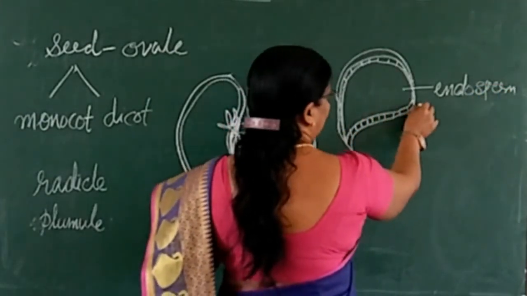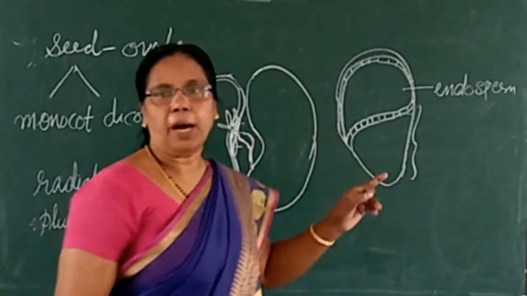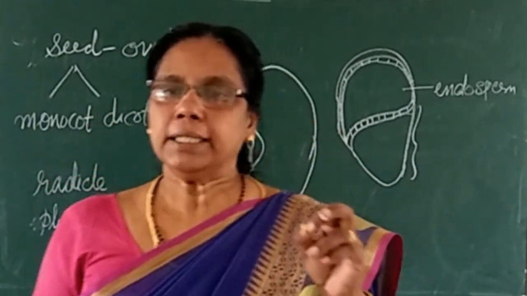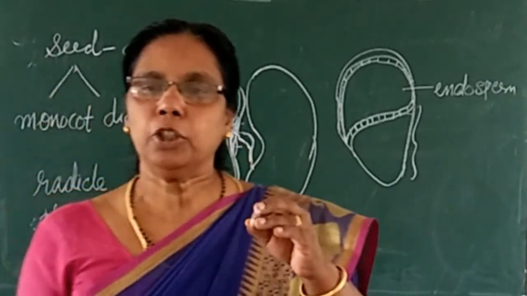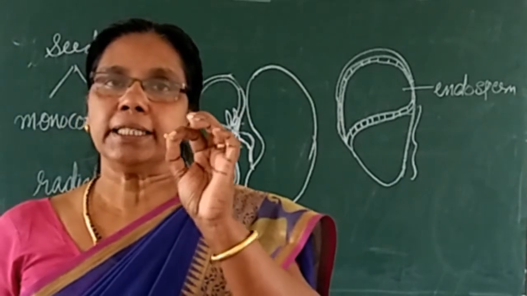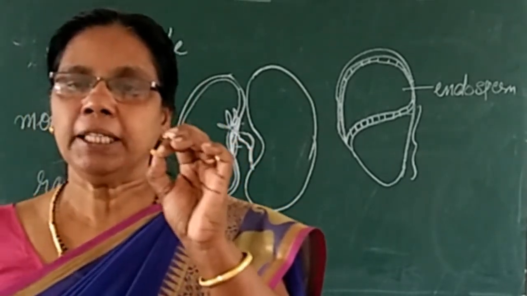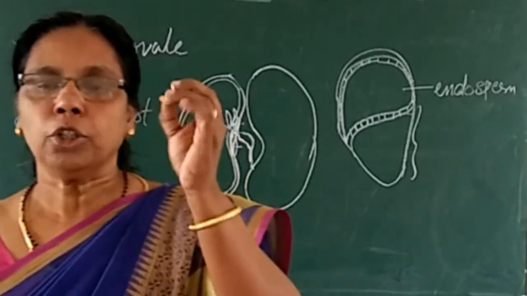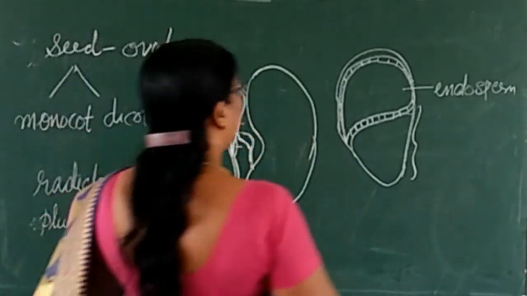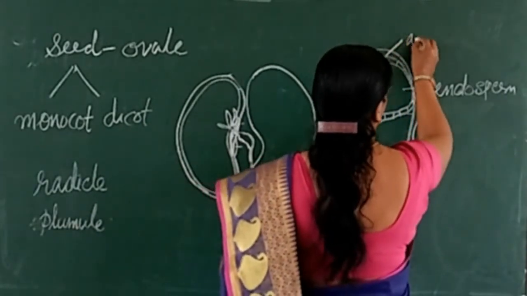And this region together we can say is the embryonic part. Here you can see that the endosperm and the embryo part are separated by a layer, which is called the epithelial layer. On top of that is a layer rich in protein, and this side is called the aleurone layer.